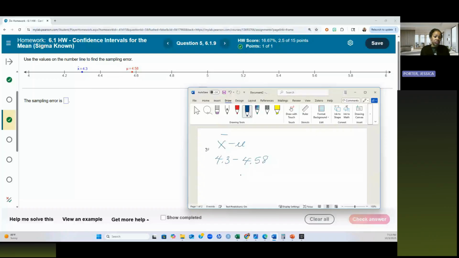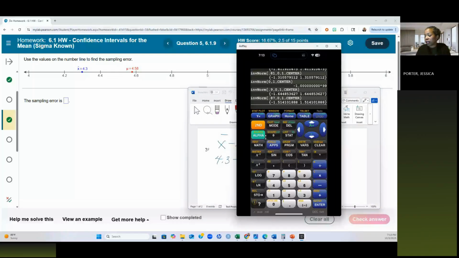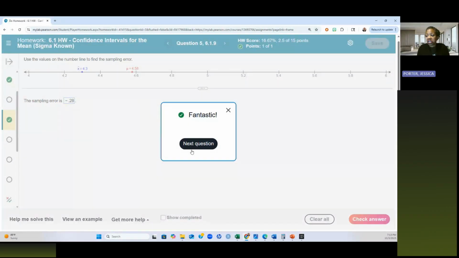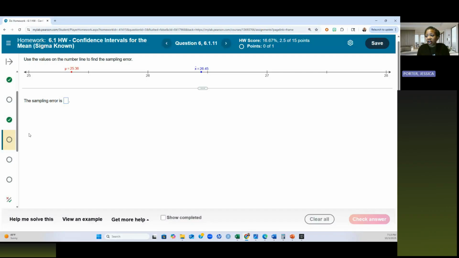That's all you do. And so we put that in our calculator, 4.3 minus 4.58, and we get negative 0.28. Okay, easy enough. And that would be question 5, and question 6 is going to be the same.